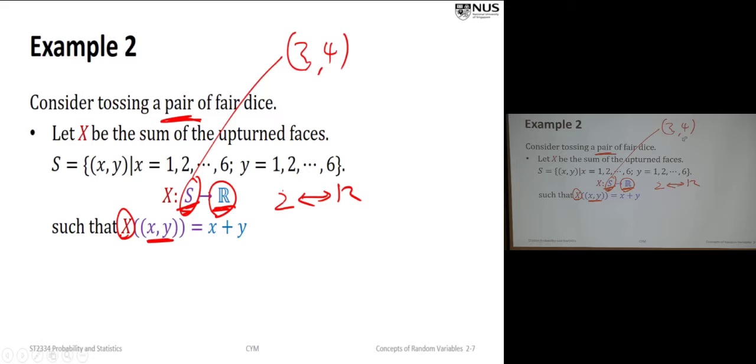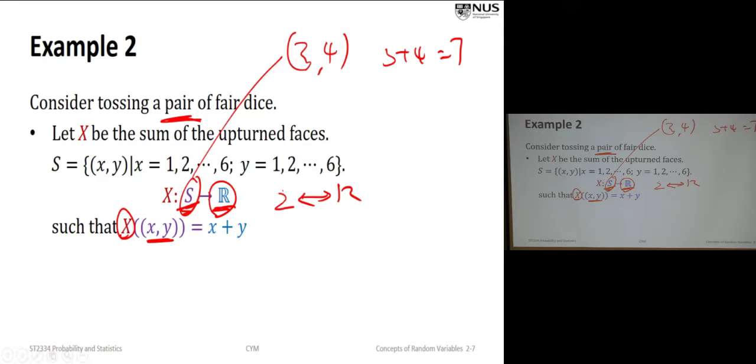That means the first die is a 3 and the second die is a 4. The function will map it to 3 plus 4, which is 7, which is what we mean by the sum. If you see a (2, 5), it also maps to a 7. If you see a (6, 1), also maps to 7.